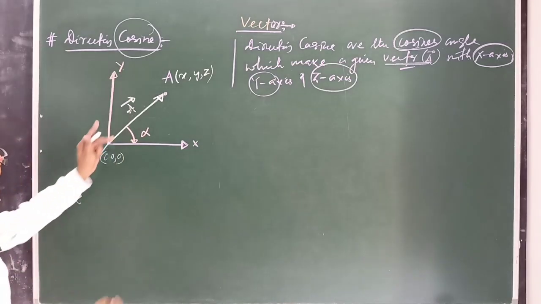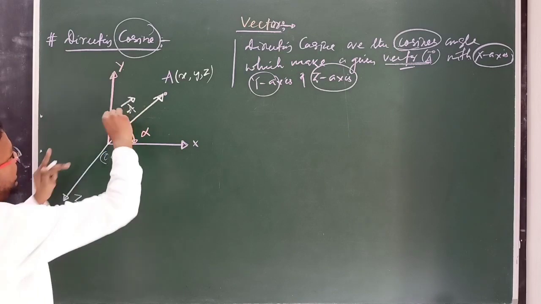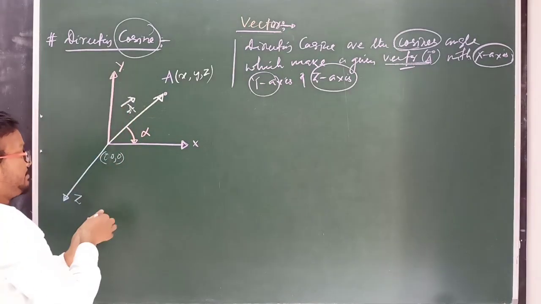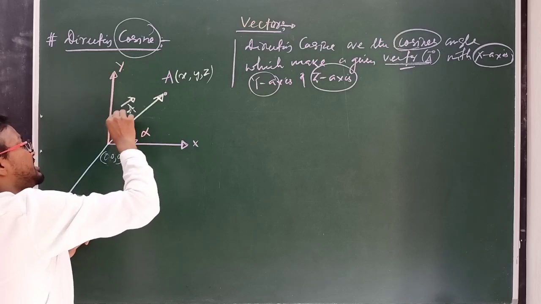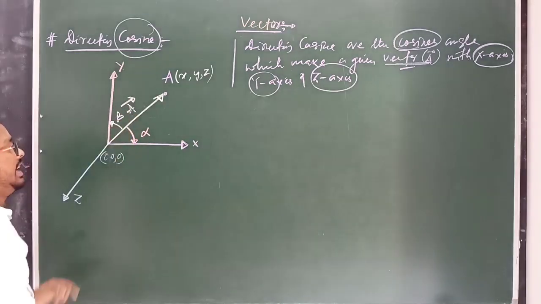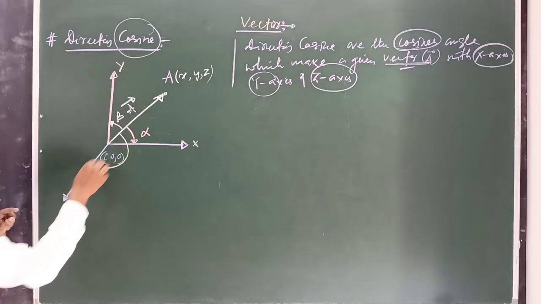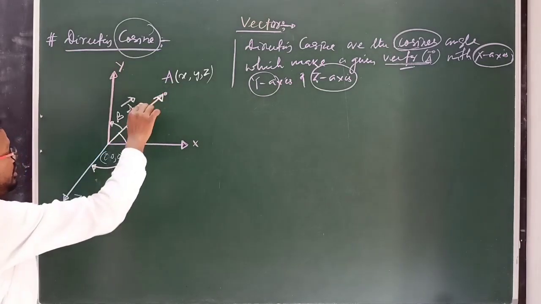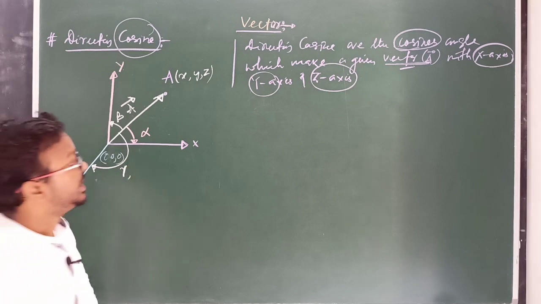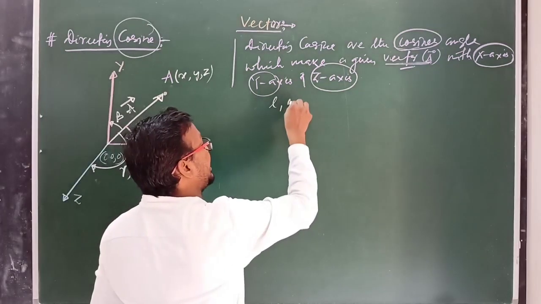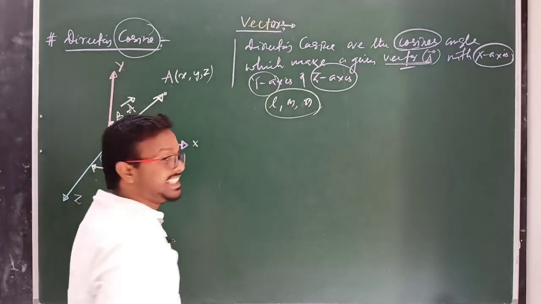I am writing alpha here. And the angle made by this vector A with the y-axis, suppose this angle is beta, and again the angle made by the vector with the z-axis is gamma. Clear? Here you can say L, M, N. L, M, N represent the direction cosines.